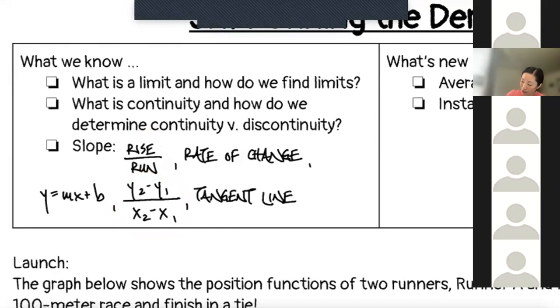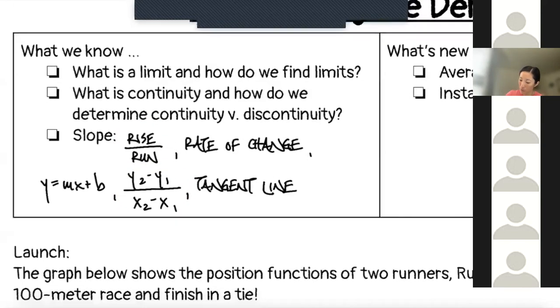So great job with that little brain dump, thinking about what we know. And Alberto, I love that contribution as well. Let's just squeeze that one in right at the bottom here. Alternatively, we can say y minus y1 equals m parentheses x minus x1, okay?